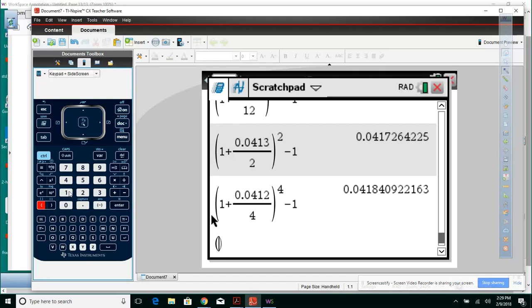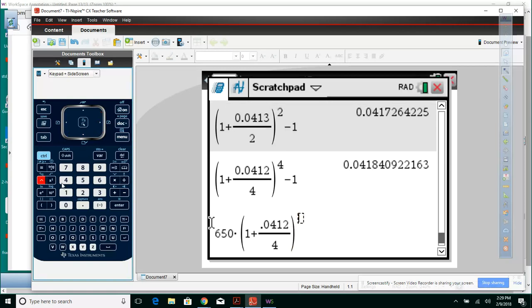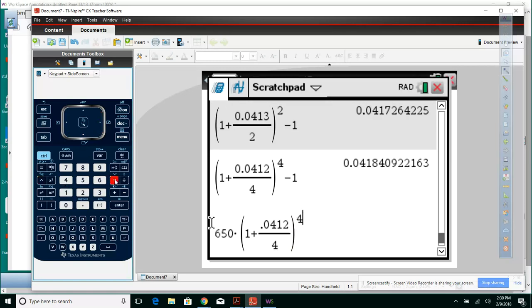All right, so we got 650 times, open parentheses, 1 plus control divide 0.0412 over 4, caret, and then 4 times 10.